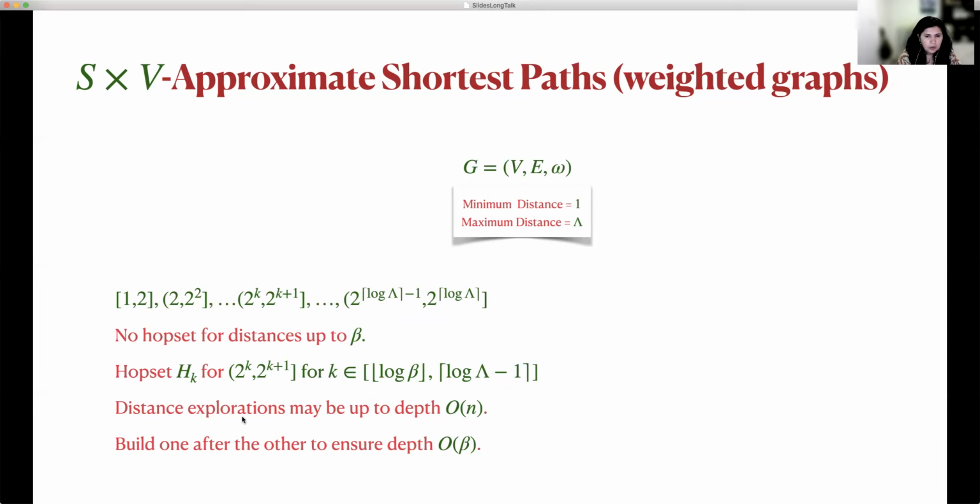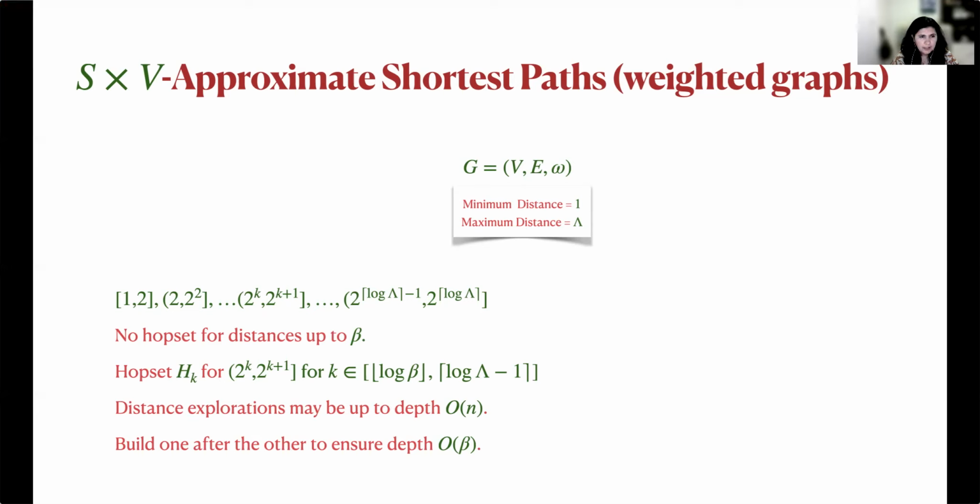Now remember we are doing Bellman-Ford explorations in superclustering as well as interconnection, and some explorations may take up to order n depth. That is not good because that means we'll have to do order n passes through the stream.